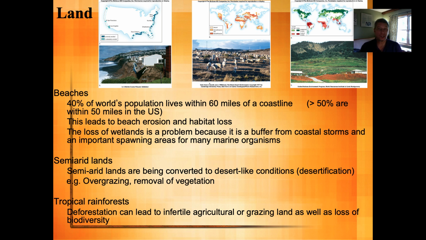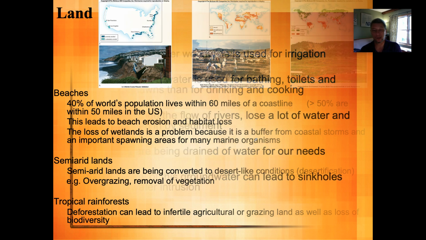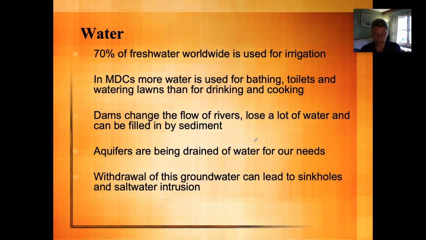And once the vegetation is gone, there's nothing to hold the water, or even to draw the water up from the lower levels of the soil, and that leads to desertification, which is when land is converted to desert. In the tropics, especially in South America, deforestation leads to all sorts of problems with the land as well. Once you've cut down all the trees, it becomes difficult to convert that land into farmland.